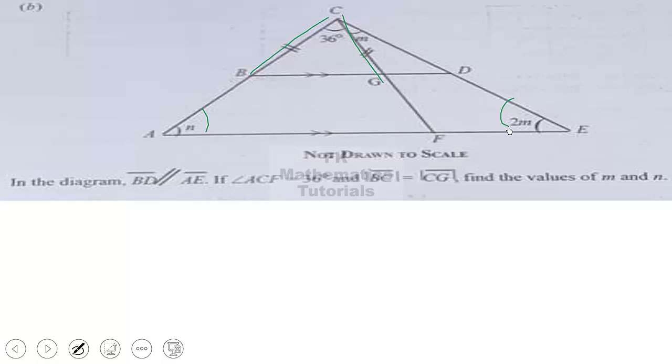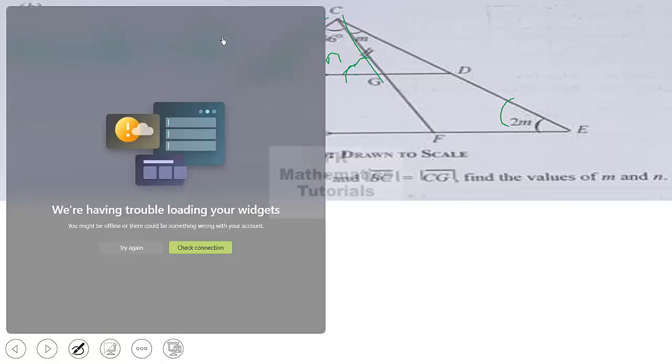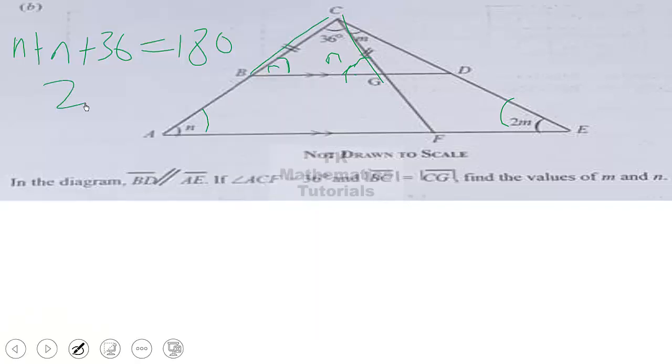So this value here is equal to n, and because it is an isosceles triangle, this place will be n. So that means that n plus n plus 36 is equal to 180. So 2n equal 180 minus 36.